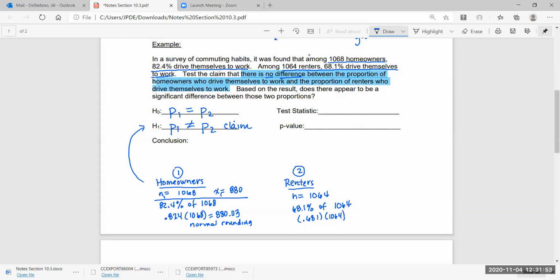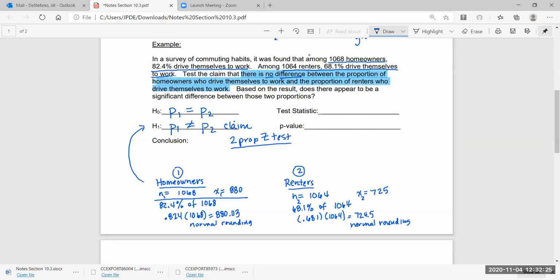And we get 724.5. And we do normal rounding here. So this will be 725. And this is the second sample, N2 and X2. So we're going to do our 2 prop Z test.